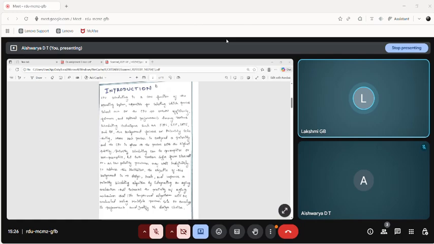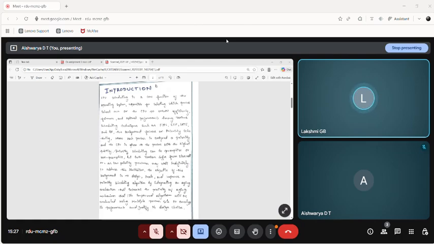There are many scheduling techniques like FCFS, SJF, SRTF, and round robin. But in this project, we focus on priority scheduling. In this method, each process is given a priority and the CPU always selects the process with the highest priority.